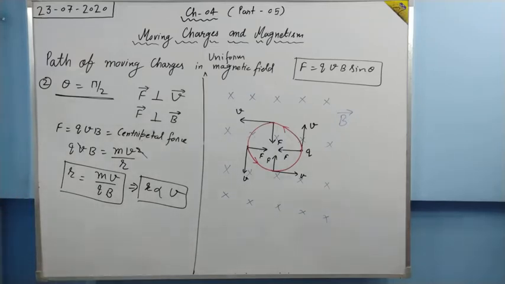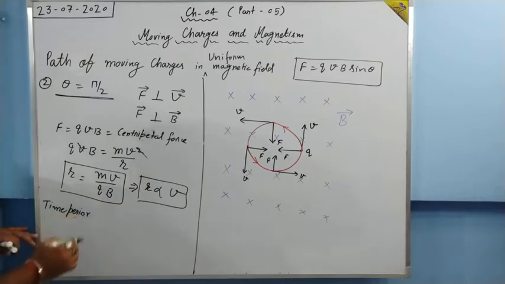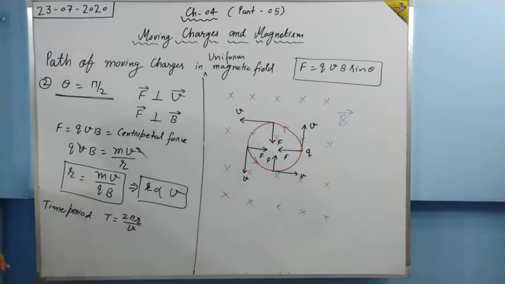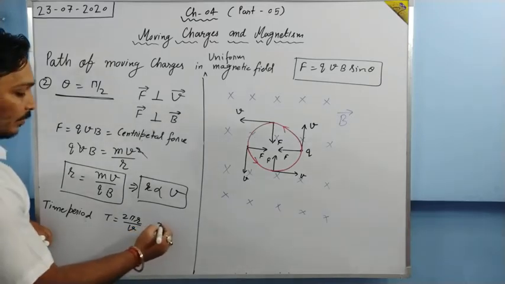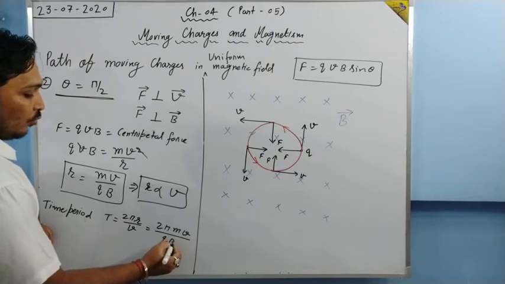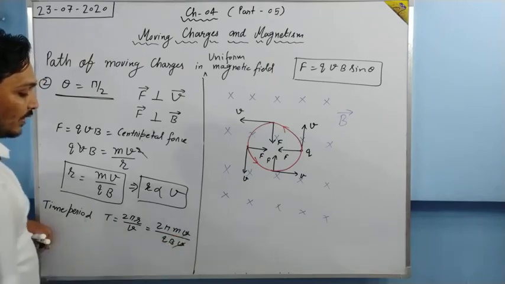Moreover, if you want to calculate the time period, T is equal to 2 pi r upon v. Just put the value of r over there. It will be 2 pi mv upon qB upon v, and v and v will be cancelled out.